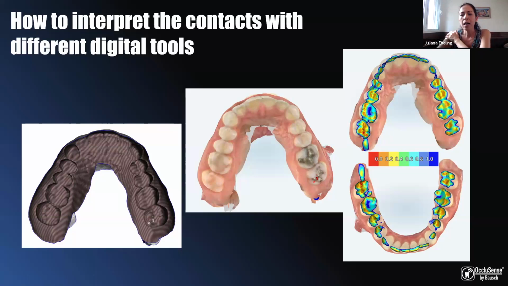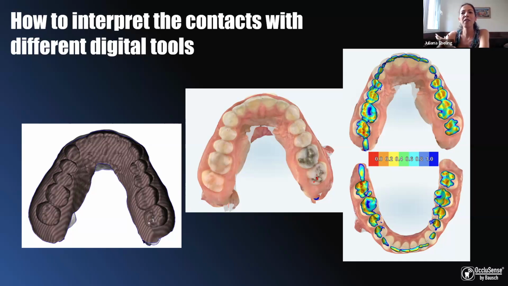And so it depends on the system that I'm using. For example, here we have iTero. The scale of this distance, because this is the distance between the meshes, is very large. Why? Because this scale was designed for prosthesis space.